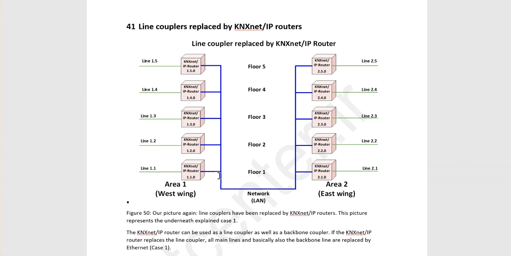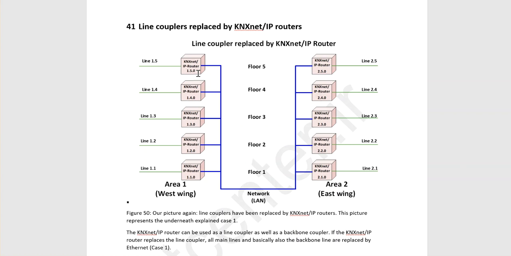Instead of each line coupler, you have the IP router with the same physical address as the line coupler. And of course the IP router provides the full functionality of the filter table, and it can balance and control your data traffic in the system.